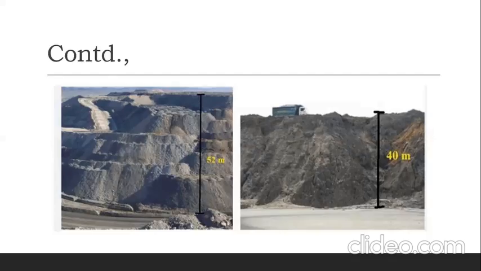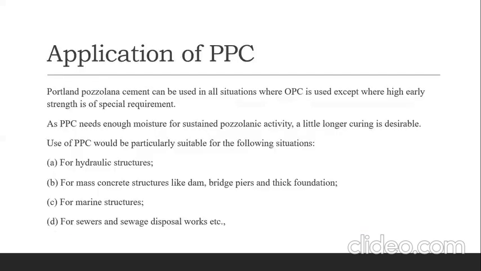Instead of dumping fly ash in open lands, it can be used for the production of cement, so that we can contribute something towards environmental sustainability. That is the reason why people have started using fly ash as one of the replacing materials for cement.